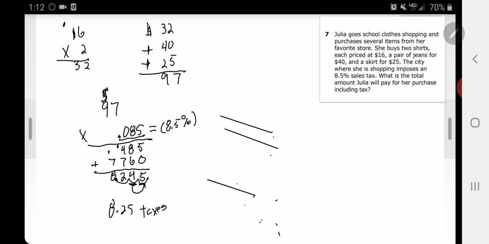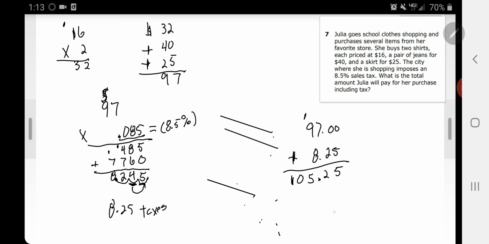So to find her total, we'll take her subtotal of $97 and add it to her taxes of $8.25. So 0 plus 5 is 5. 0 plus 2 is 2. Bring down the decimal. 7 plus 8 is 15. And of course, 1 plus 9 is 10.